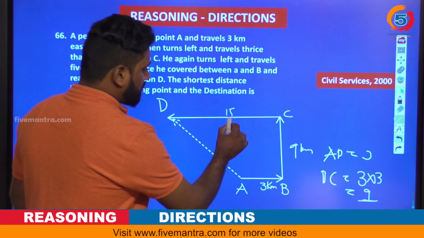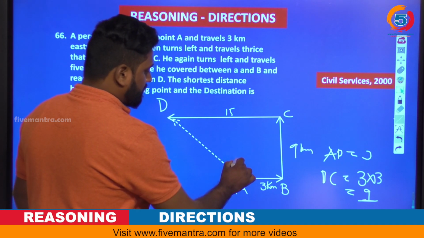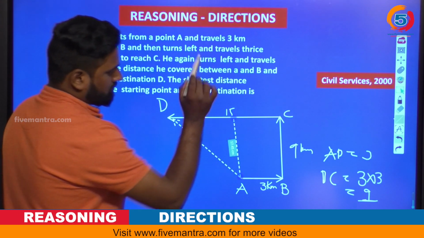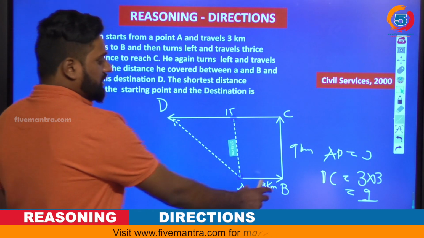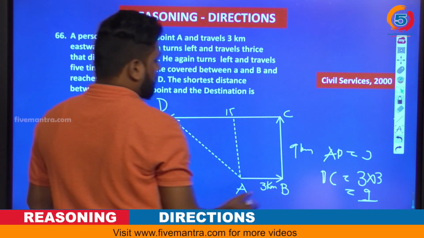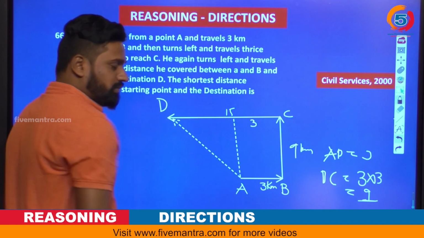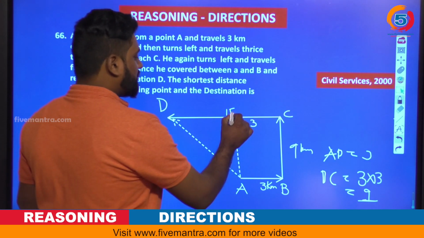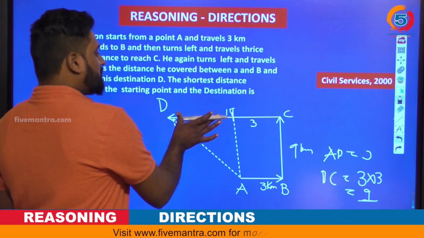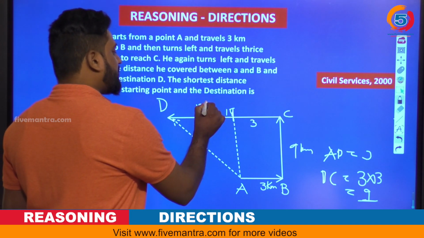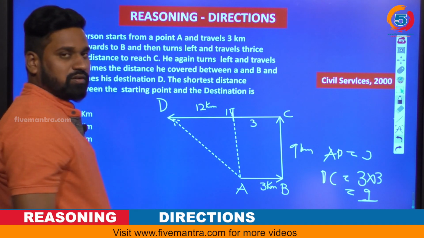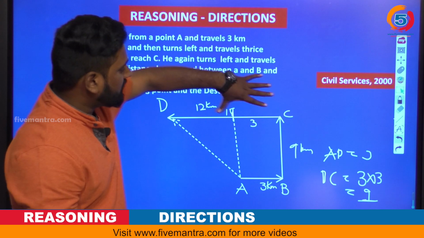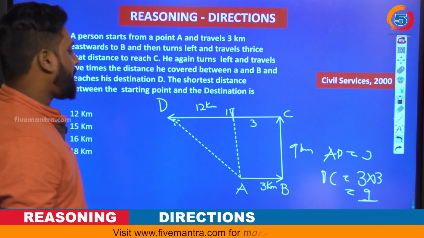If you mark this point, this is also 3 kilometers. Out of 15, already 3 kilometers is completed, so the remaining portion is 12 kilometers. Is it clear? CD total is 15 kilometers, this is 12 and this is 3.